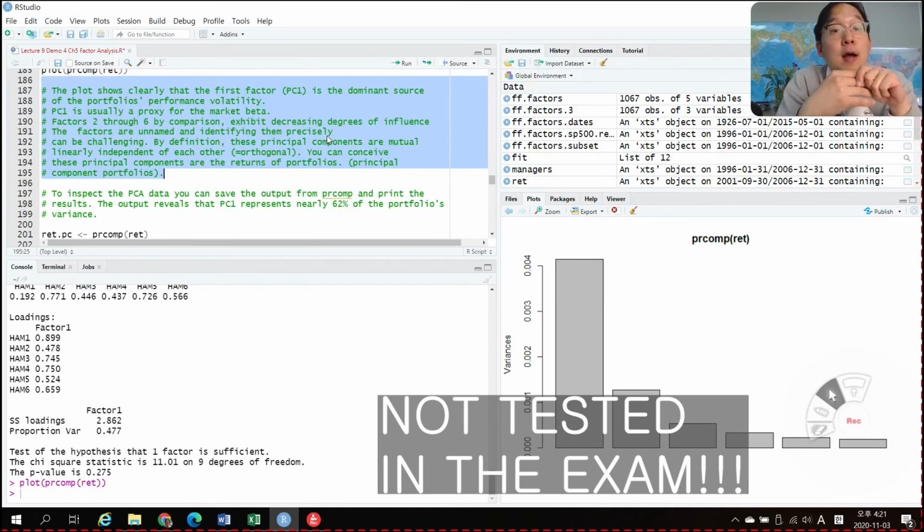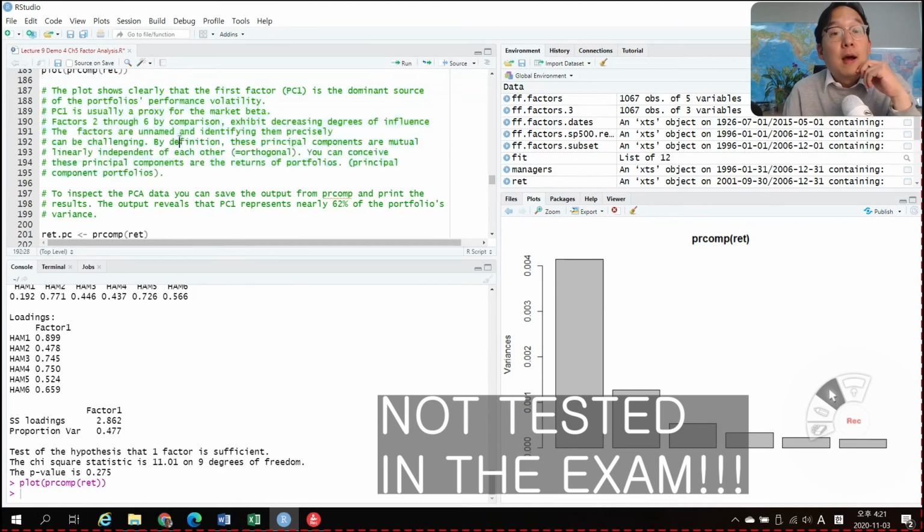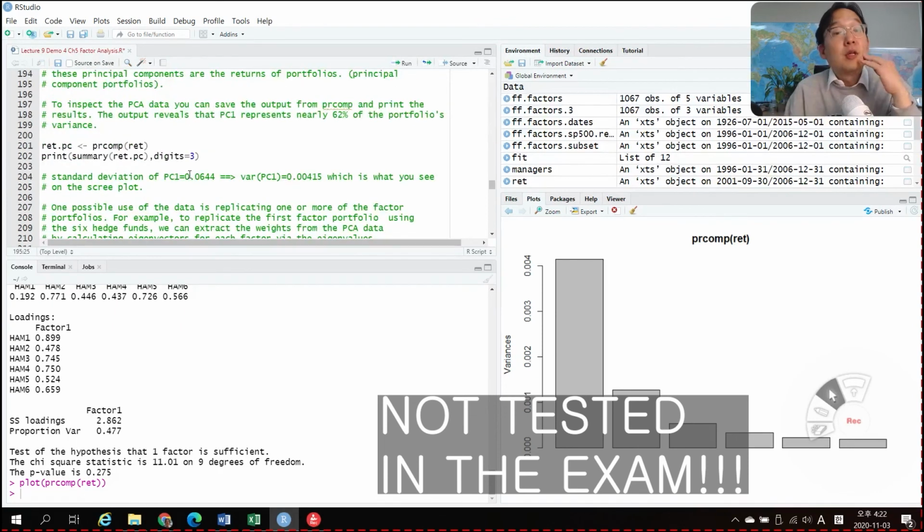Anyway, the factors are unnamed, right? And identifying them precisely can be challenging. By definition, these principal components are mutually linearly independent of each other, orthogonal, right? You can conceive these principal components as the returns of portfolios, some principal component portfolios.